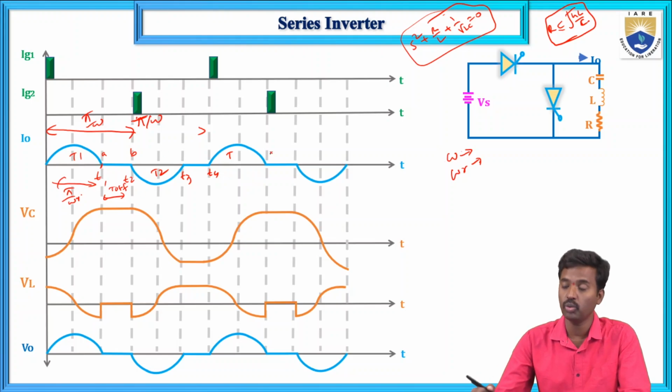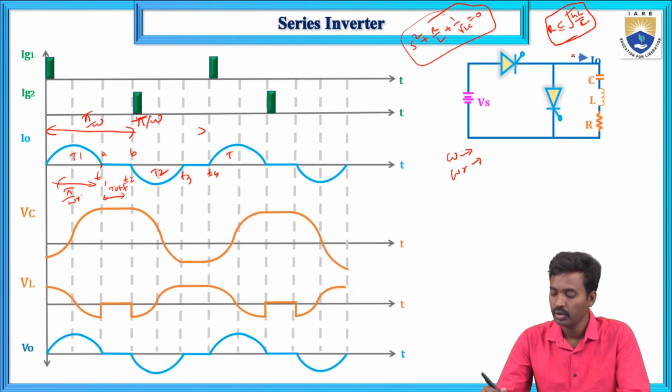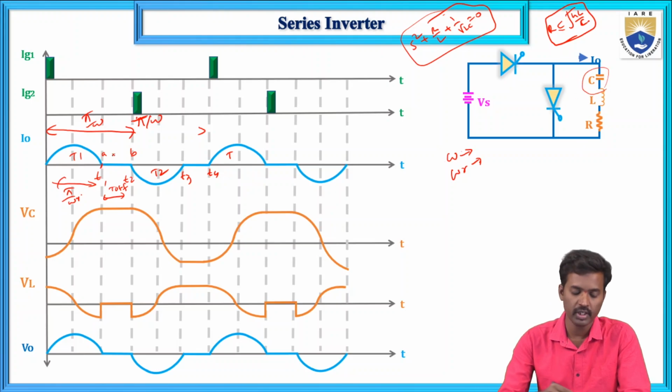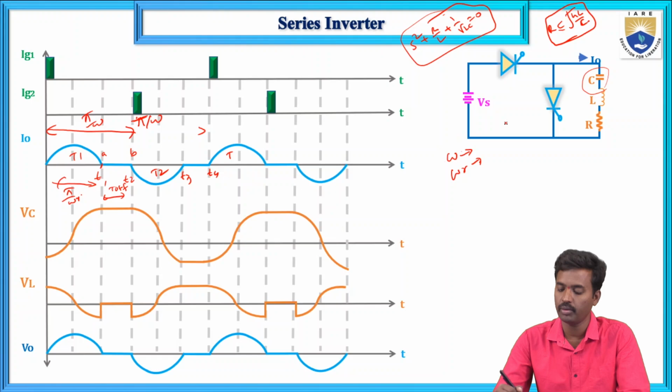In the same fashion T2 is also turned off. T2 conduction in the positive half cycle is just because of the supply voltage, and the negative half cycle is just because of the capacitor only.